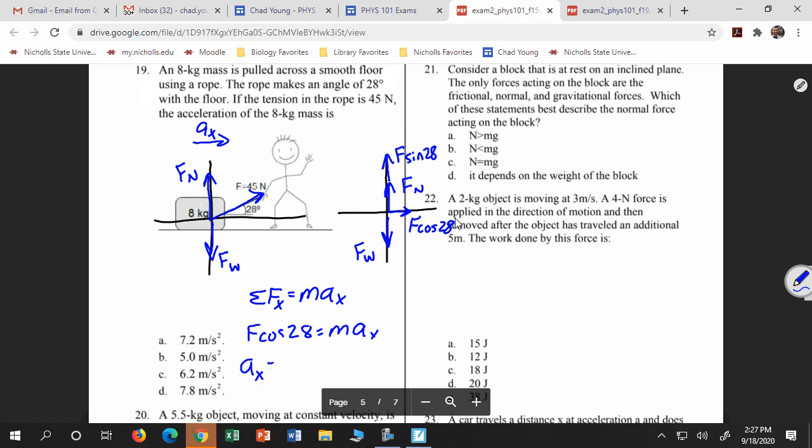Ax is equal to F cosine of 28, that's 45 cosine of 28 divided by the mass, which is 8 kilograms. I get 4.97, or 5.0 meters per second squared.